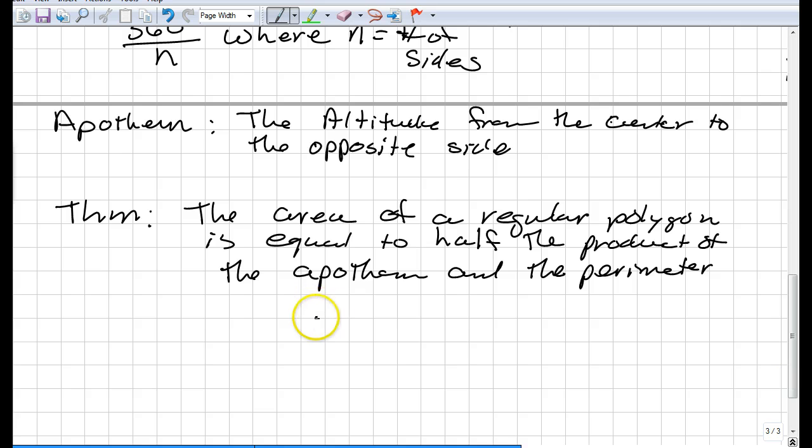Okay? So area is equal to 1/2 the apothem times the perimeter. So a stands for apothem, P stands for perimeter.